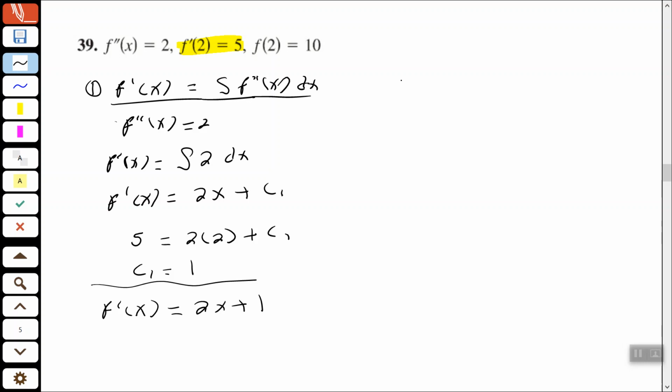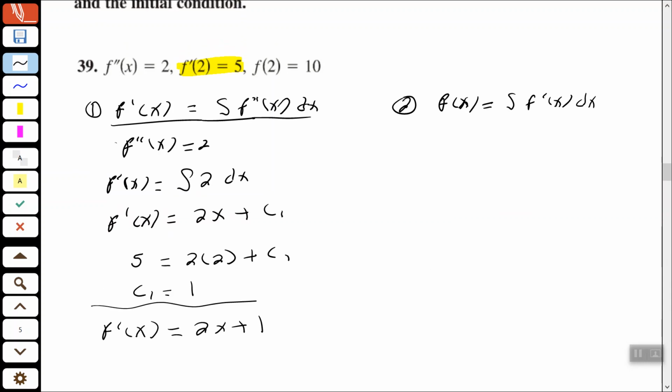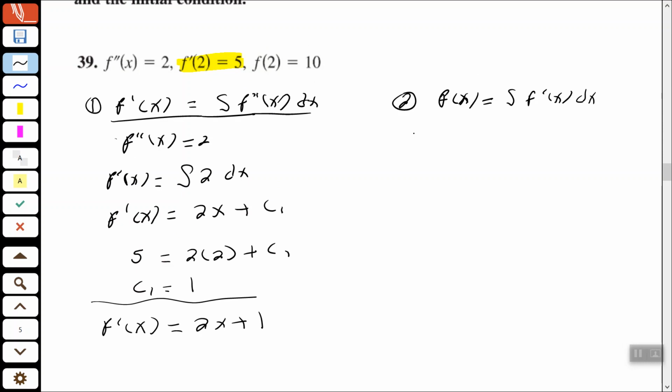All right, so now we're going to take that information, because we know that f of x, which is what we're trying to find, is equal to the integral of f prime of x dx. Okay. All right, so let's integrate f prime of x and see what we come up with. So f of x is going to be equal to the integral of 2x plus 1 dx.